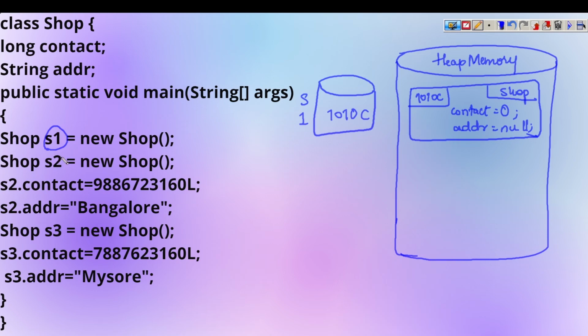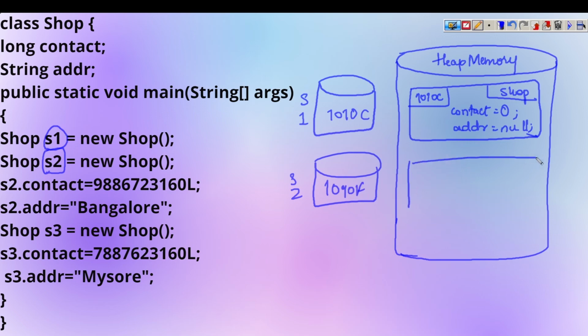Again, whenever you create another new object, s2, the same thing happens again. Contact is equal to 0 and address is equal to null.